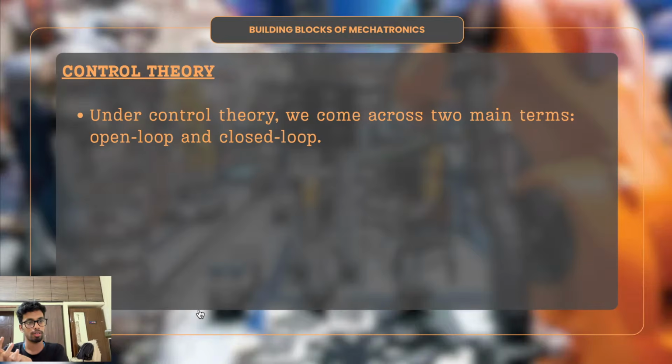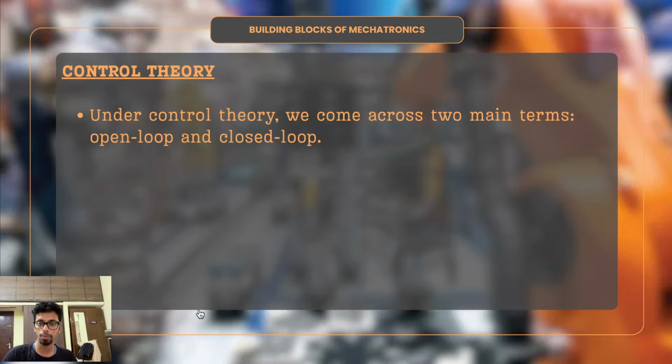He'll tell you, bro, turn on the tap for 5 minutes and leave it, and then I'll go and put it off. So when you do that, you're not seeing if the bucket was already filled. You're not standing there seeing if the bucket had a hole where water is coming out. You're not seeing if the bucket is already overflowing. Your dad told you, put the tap on for 5 minutes and then come out. Done. So that is an open loop system where you do not monitor the output. You are told, do this, and then maybe stop doing that and end it.